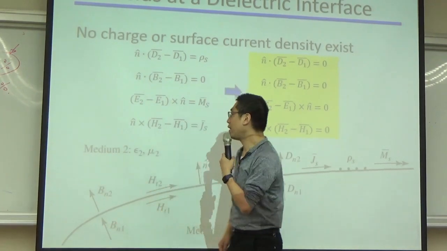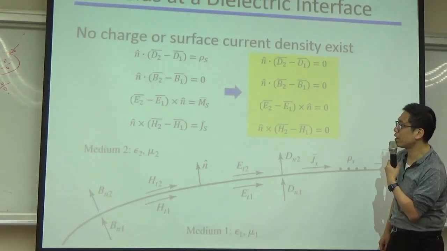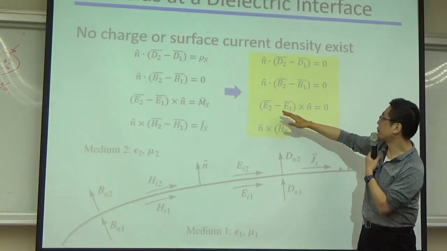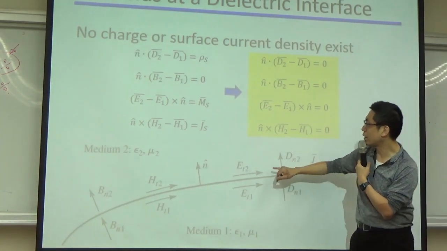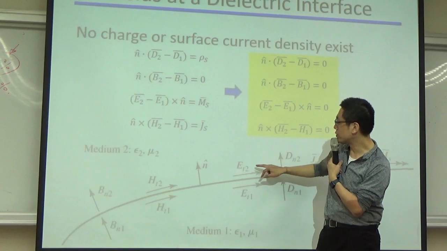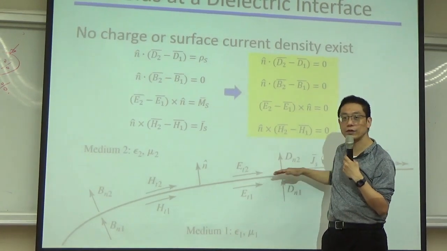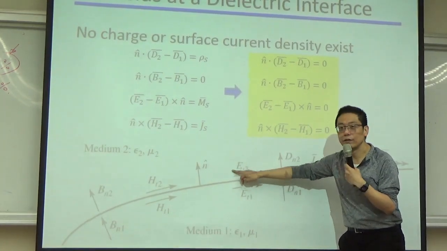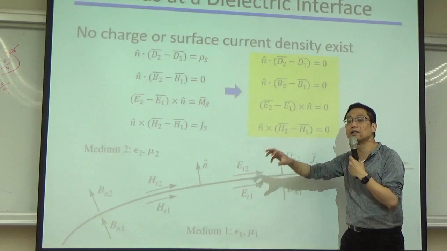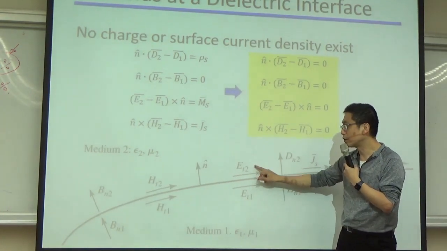And if there is no source, Ms and Js are both 0, you obtain that E2 equals E1, but not just only E2. We say Et2 equals Et1, only the tangent direction. The magnitude and also the direction of these two are the same.